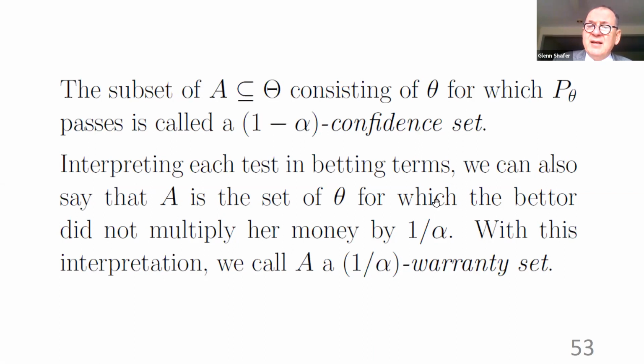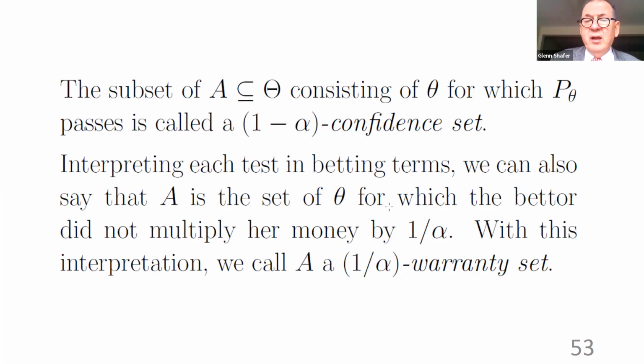that you can apply this idea when you're outside the probability picture, as we showed with all these protocols, all the ways you can go outside the probability picture and still bet against hypotheses, because the hypotheses don't give a full probability distribution. So all these other ways of betting against hypotheses, you could also say you have a bunch of hypotheses and you're testing them all, and the ones where you don't multiply your money by 20, that's a 20-fold warranty set.